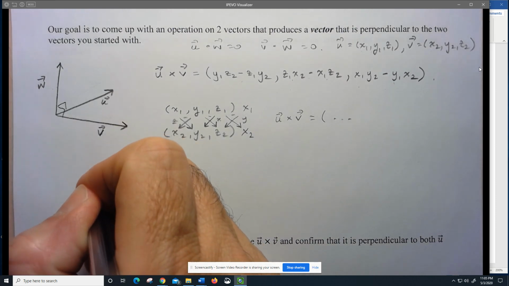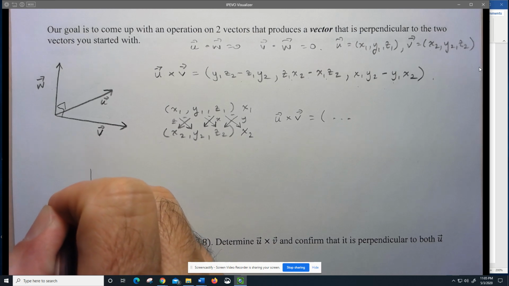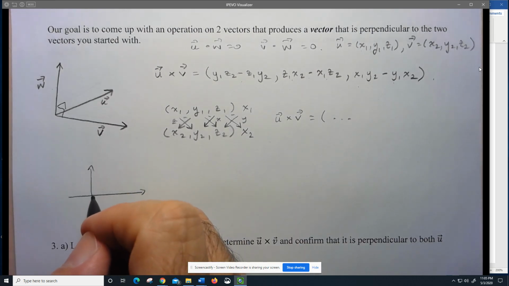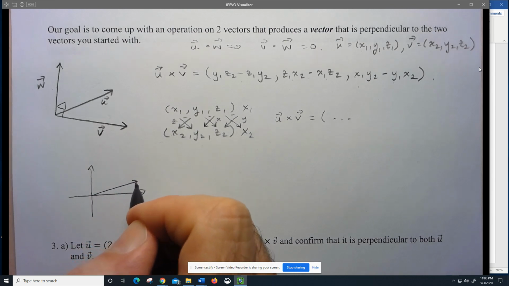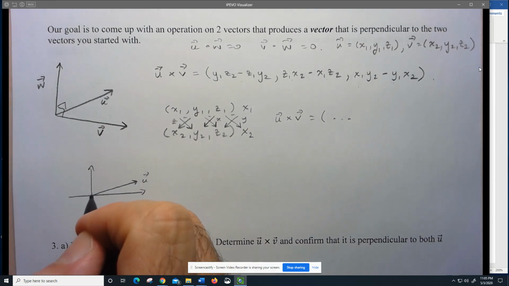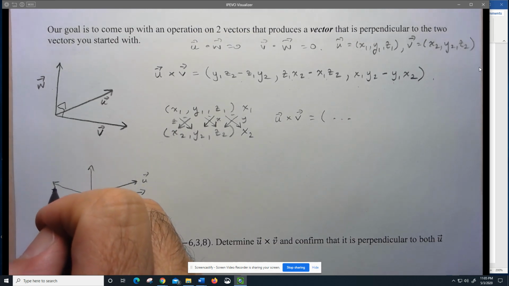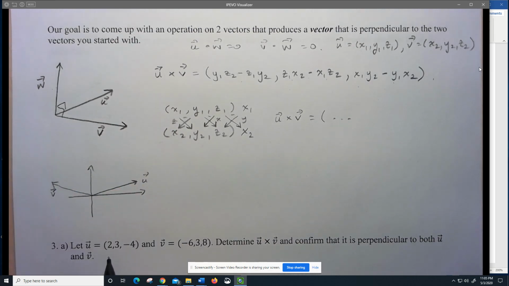Well, let's take a look. Let's say I'm in 2D, and say I've got this vector here, say that's vector u, and that vector there is vector v. Let's see if we can come up with a third vector that's perpendicular to both in 2 dimensions.